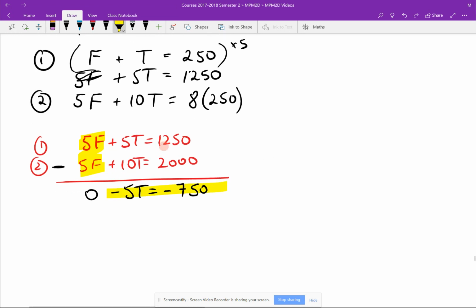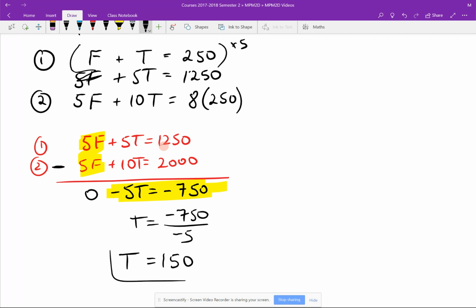I have to solve for T, the unknown value. If I divide both sides by negative 5, T will equal negative 750 divided by negative 5, and that's equal to 150. So right away, I need 150 milliliters of the 10% acetic acid.